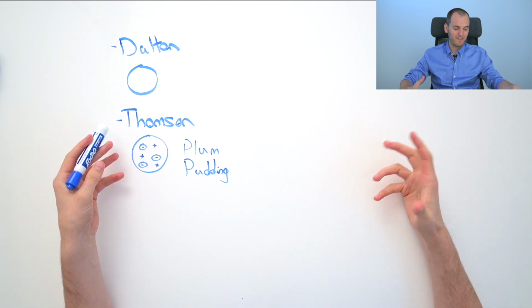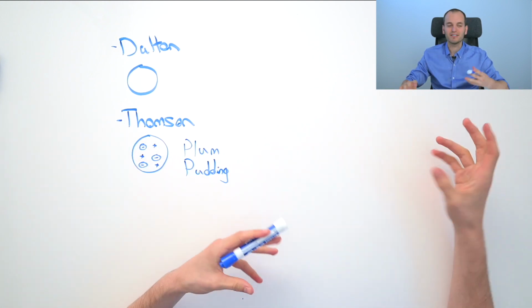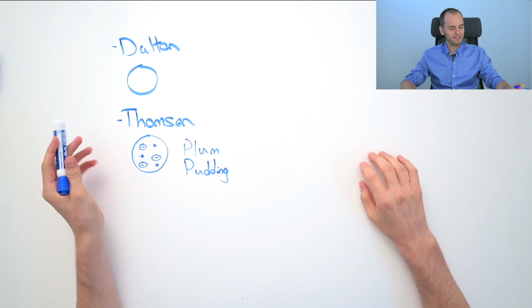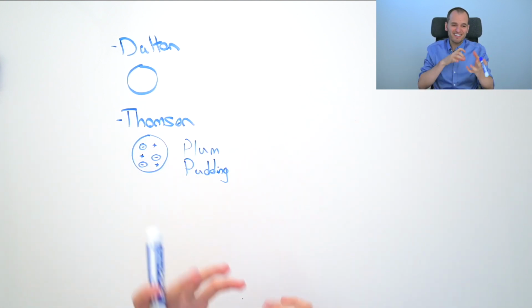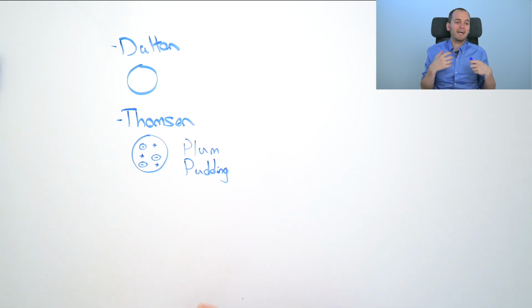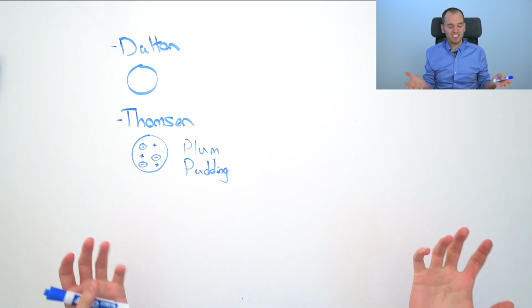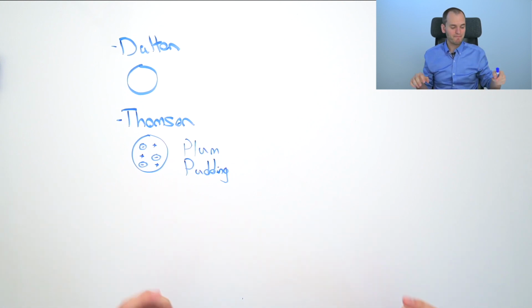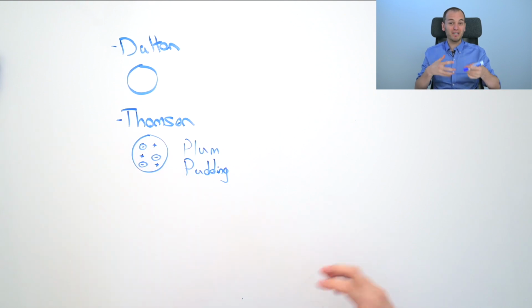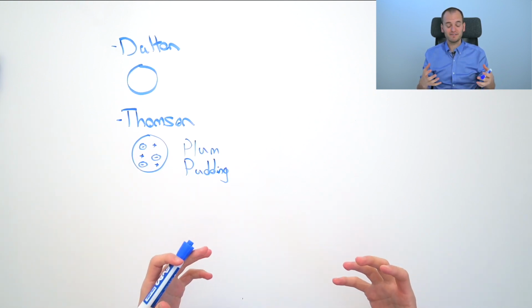Now, he found out that there were positively charged things and negatively charged things, and he thought they were all together in this puddingy thing that was moving around. The best analogy he came up with was something like a plum pudding. So the pieces of plum were the negative electrons, and the pudding itself was positive.